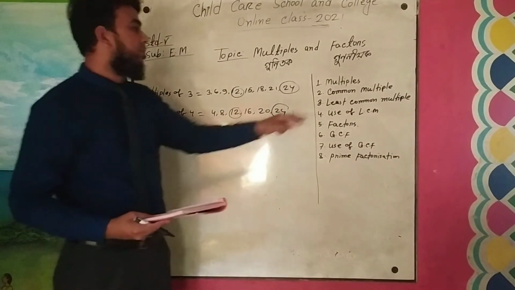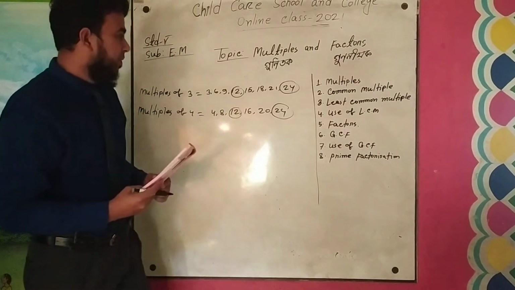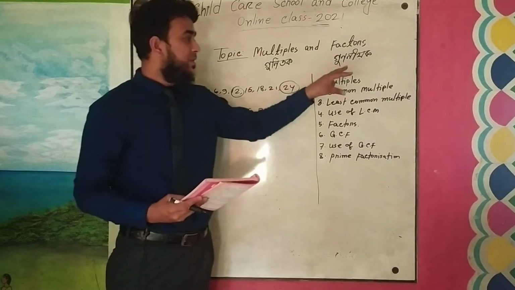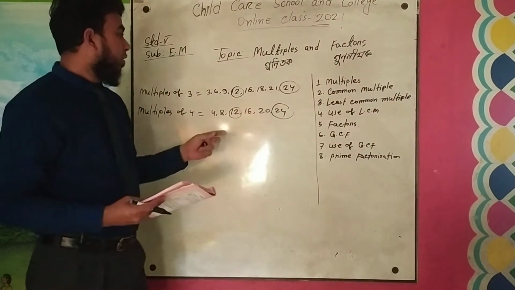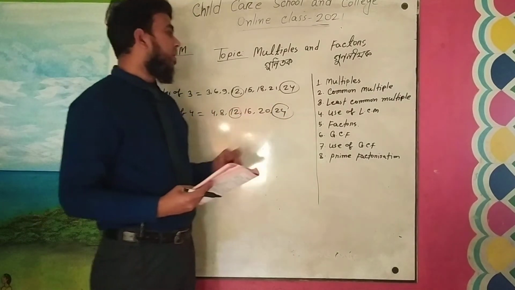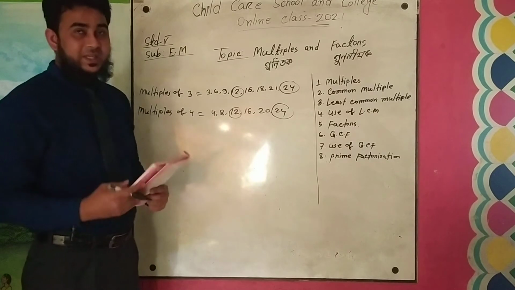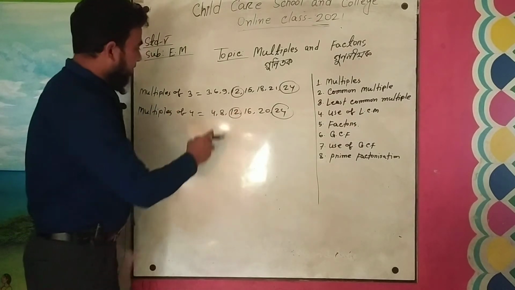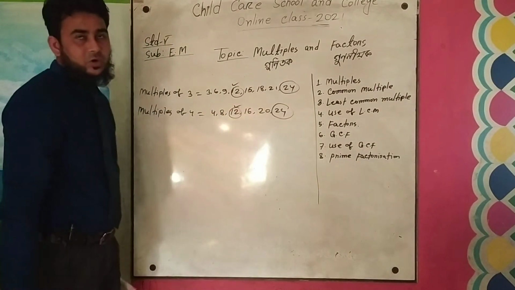Now least common multiple. What do you mean by least? We know least means minimum. If we do it this way, we get a lot of common multiples of 3 and 4. But what is the least common multiple? The smaller common multiple. Least means choto. Here, look, 12 is the least common multiple.